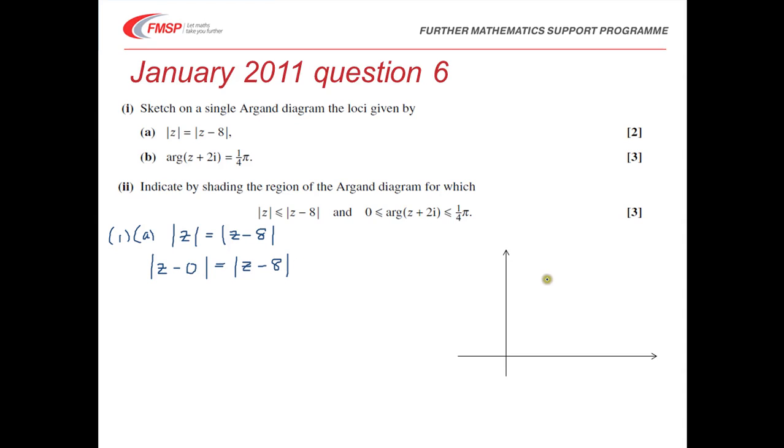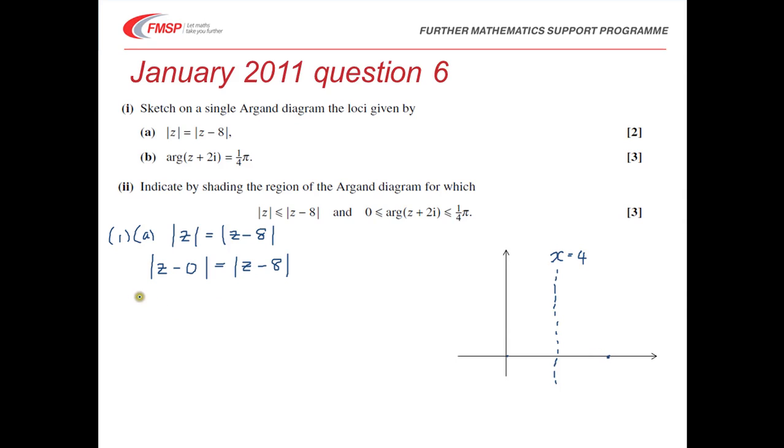And that is going to be the line x equals 4. So equidistant from 0 to 8, it's the perpendicular bisector of that. So that's the first thing.